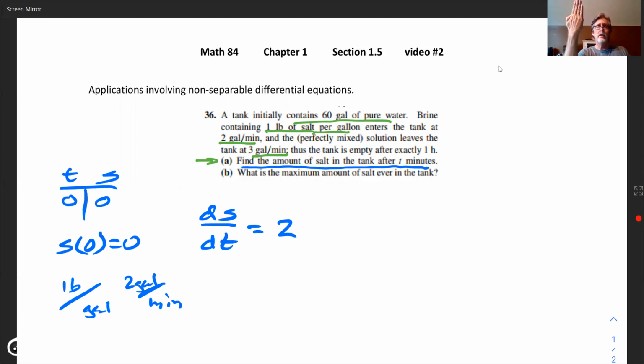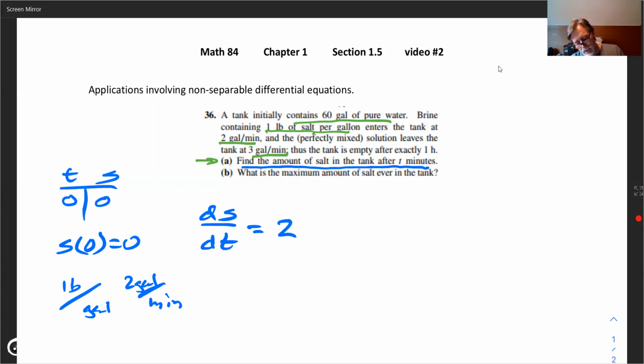Each gallon has a pound of salt. So 1 times 2 is 2 pounds of salt per minute coming in. So it's increasing at a constant rate of 2 pounds of salt per minute. That's why I'm saying ds dt is just 2.